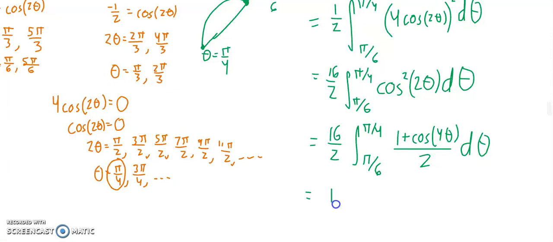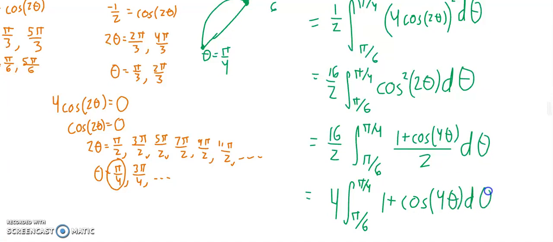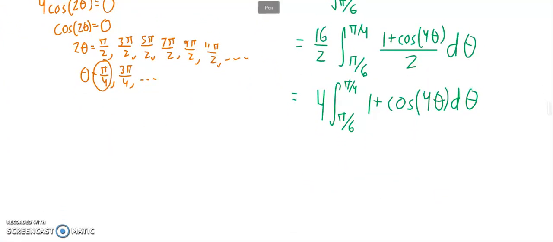Take out the 2, it becomes 4, integral from pi over 6 to pi over 4.